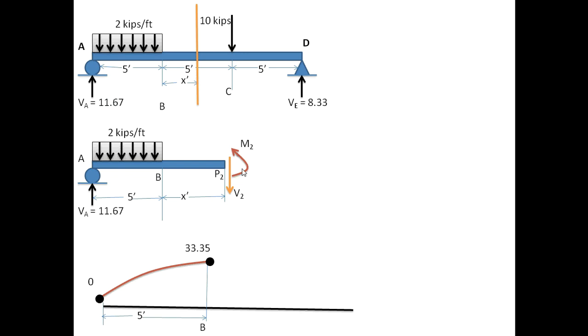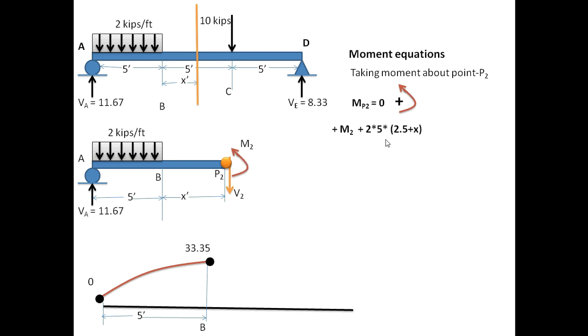I will cut it from here, and this is my bending moment acting over here, taken as counterclockwise always for the first position, taking moment about point P2. This is my point P2 and counterclockwise moment is taken as positive. M2 is acting counterclockwise, taken as positive.